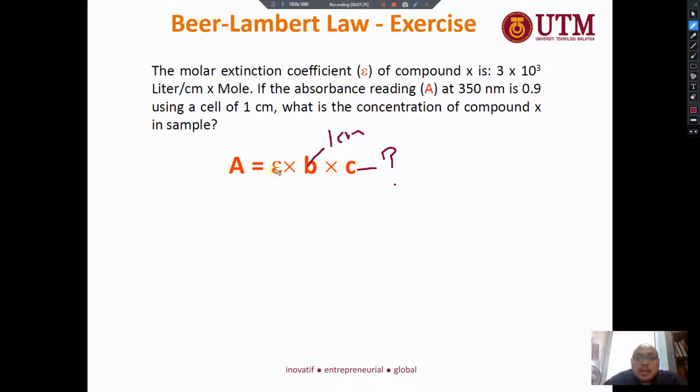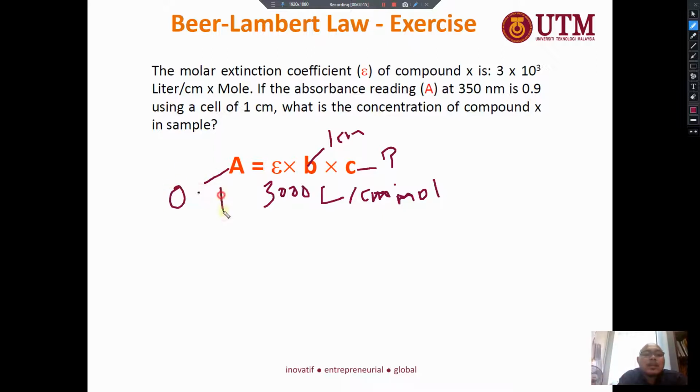The next one you have is the molar absorptivity, about 3000 liters per mole per cm. And what is your absorbance? The absorbance reading at 350 is 0.9, so the absorbance is 0.9. Absorbance doesn't have a specific unit.